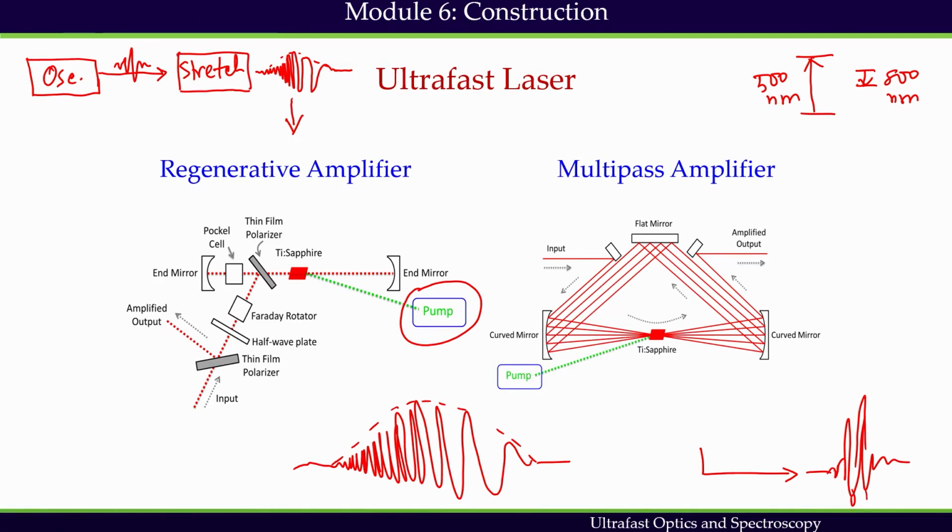In the amplification stage, we can use two different kinds of amplifiers: regenerative amplifier and multipass amplifier. The difference between these two is that in the regenerative amplifier we use a cavity, but in the multipass amplifier we do not use a cavity.